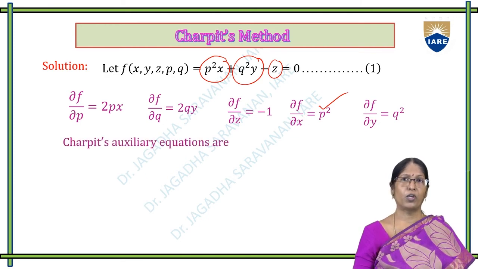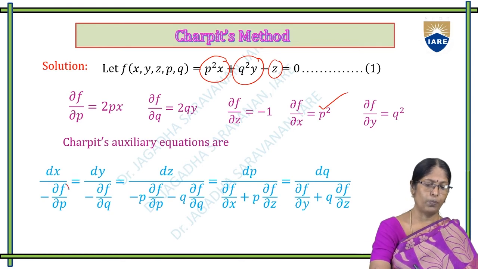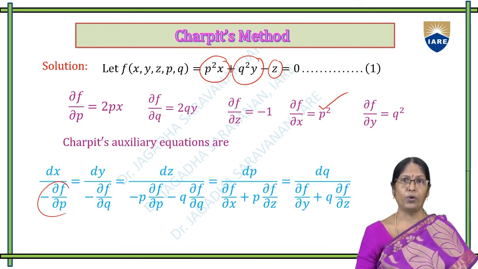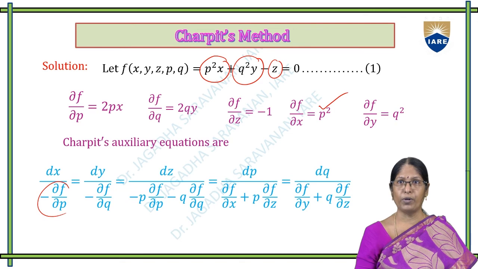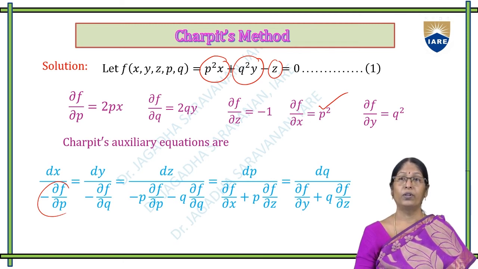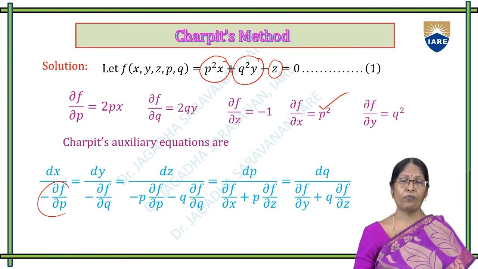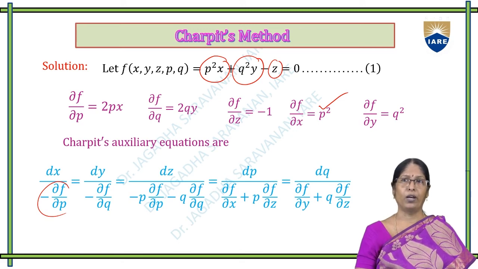So the Charpit's auxiliary equations are dx by dou f by dou p equal to dy by dou f by dou q, which is nothing but our third member dz by minus p dou f by dou p minus q dou f by dou q, equal to the fourth member dp divided by dou f by dou x plus p dou f by dou z, equal to dq, that is our last member, dq divided by dou f by dou y plus q dou f by dou z.